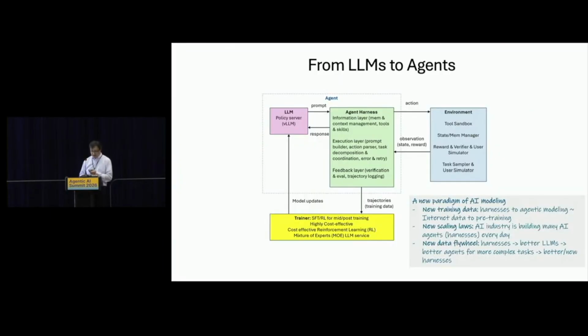This figure shows some key components that are needed for agentic modeling. There are three of them. I use different colors. On the left-hand side, this part is the agent. For example, we assume that our lab is not building a new large language model because it's so resource intensive.